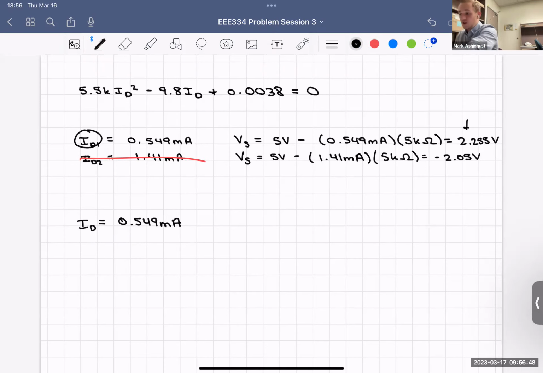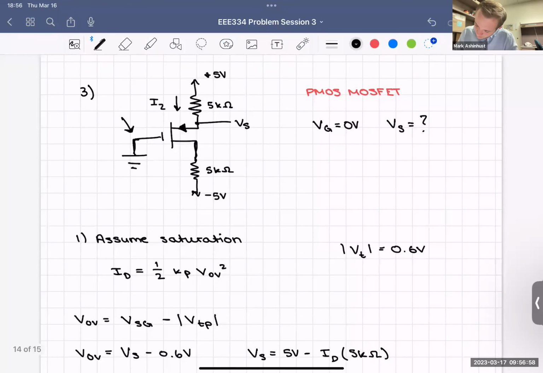So now let's solve. We can solve for VD, VSD. What's VD? We have negative 5 volts. We have our resistor up here.